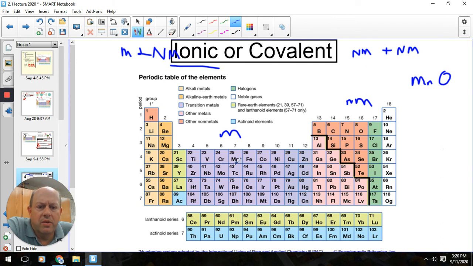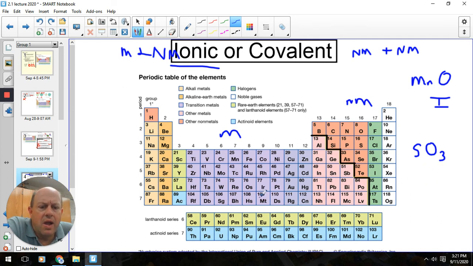MnO was our formula. So here's Mn, here's O, one on each, and so we would call that an ionic bond. If we had sulfur trioxide, SO3, so we have a nonmetal on the right side and another nonmetal on the right side, so this would be a covalent bond, most likely.